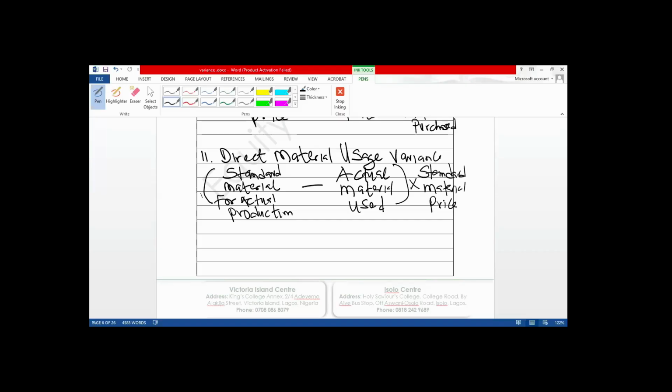That is how to calculate direct material usage variance. Please document this in your notes. On your exam, you will directly solve questions on this.